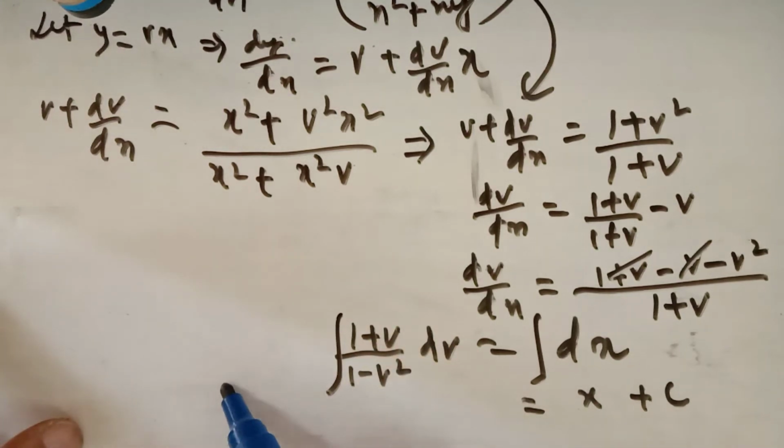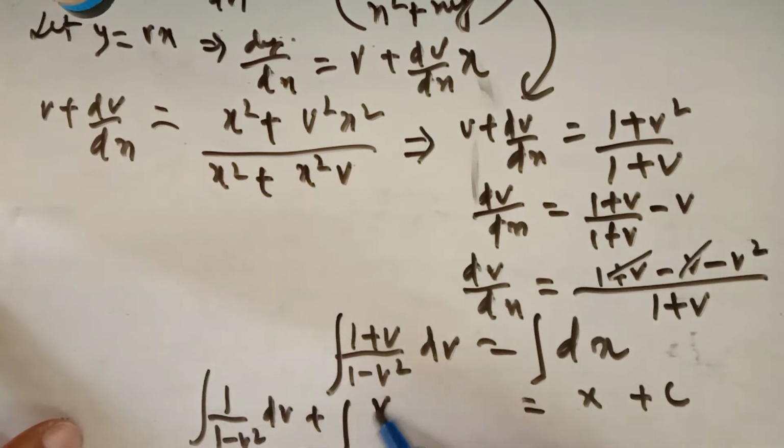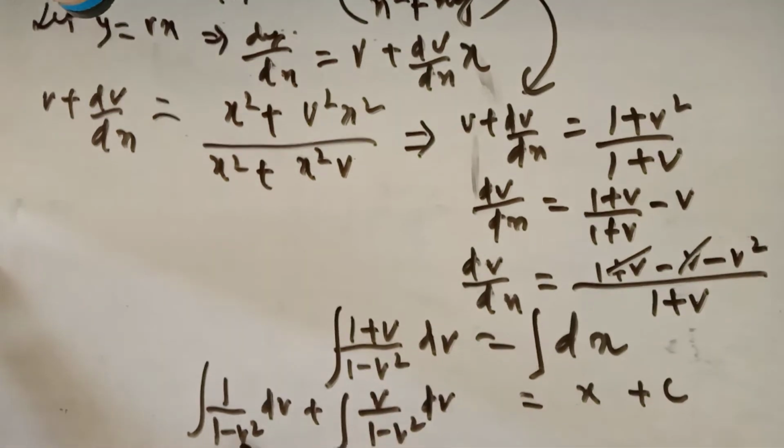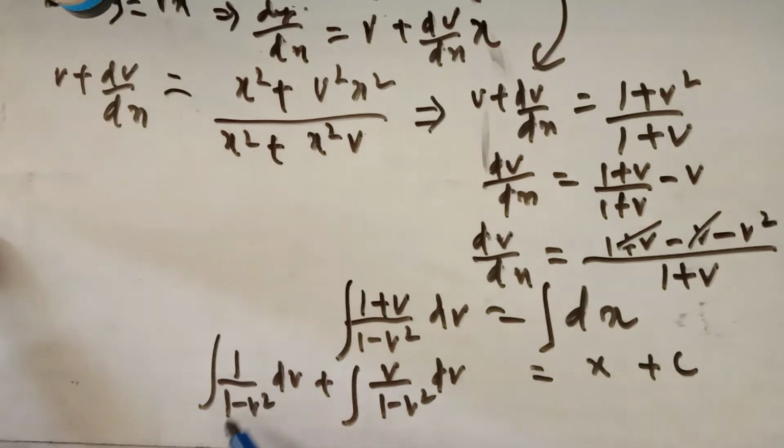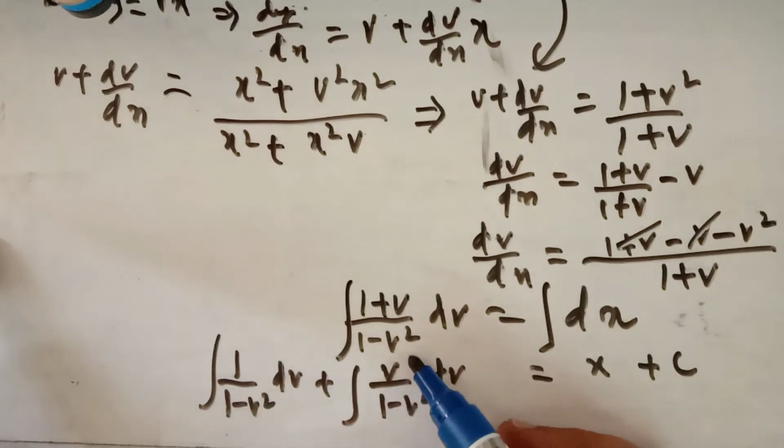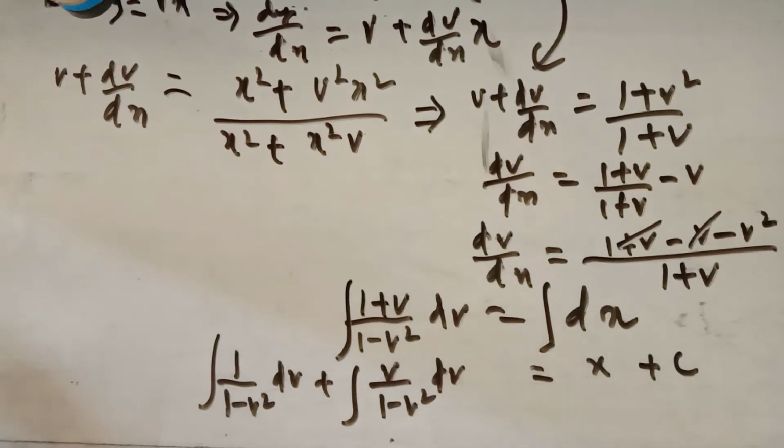So what I am doing, I am breaking it into two integrals. Now this is a special integral, 1 upon a square minus x square, and this is v upon 1 minus v square, where you can let 1 minus v square is equal to t. You can integrate it by the substitution method.